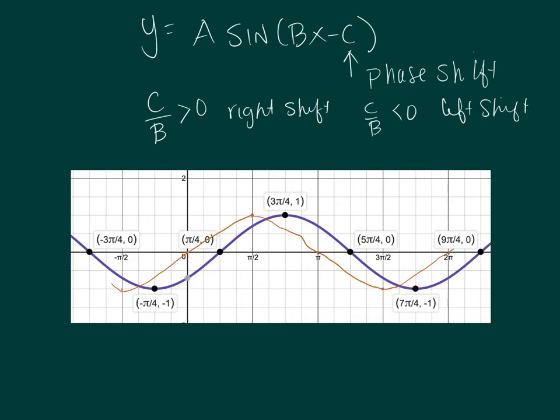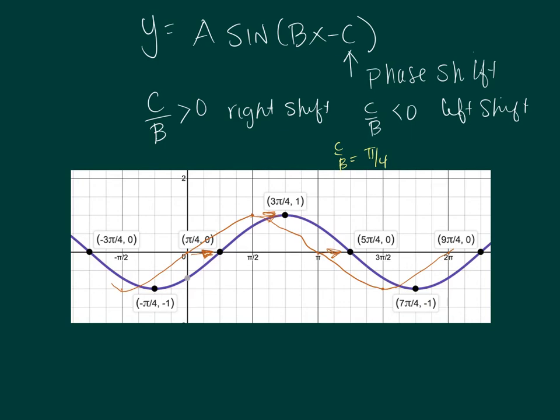So what happens is there is a shift. We can see that it is a shift in this direction to the right. And I labeled the points for you so you can see that it is a shift to the right of pi over 4 units. So this means that C over B is equal to pi over 4.